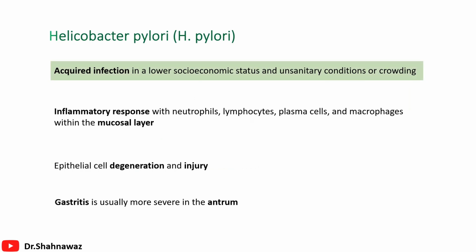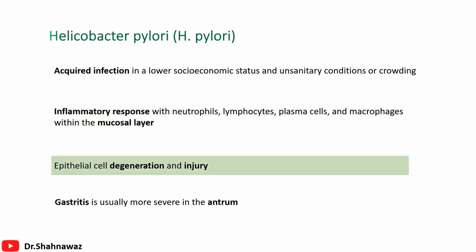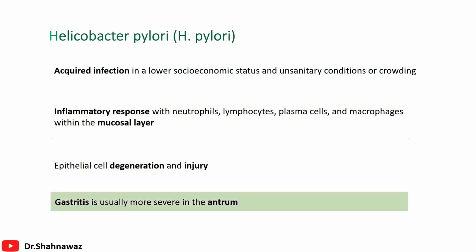H. pylori causes an inflammatory response within the mucosal layer, produced by neutrophils, lymphocytes, plasma cells, or macrophages, and there is epithelial cell degeneration or injury as a result of the inflammatory response. And we should know that H. pylori causes gastritis in the antrum if it occurs in a more severe form.